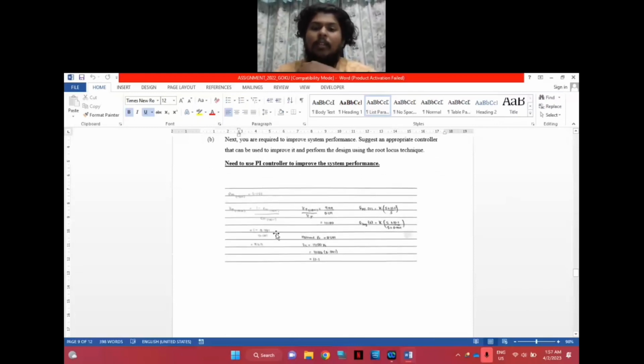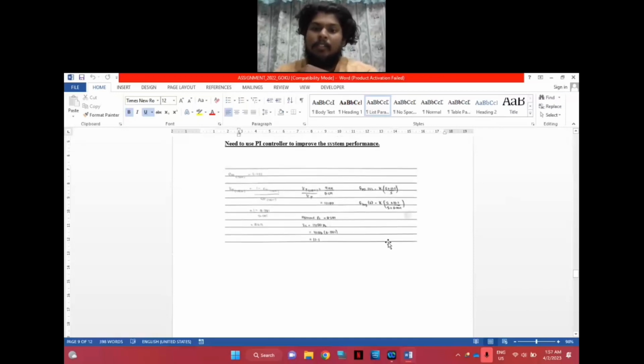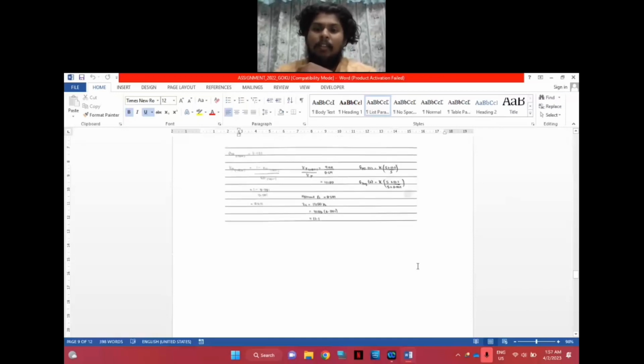This is the method to find the form of the PI. We will get K times (S plus 11.1) over (S plus 0.001). This is the form of the PI.